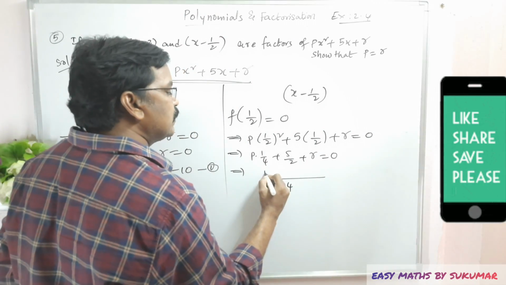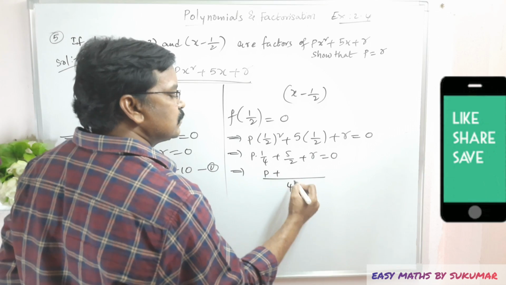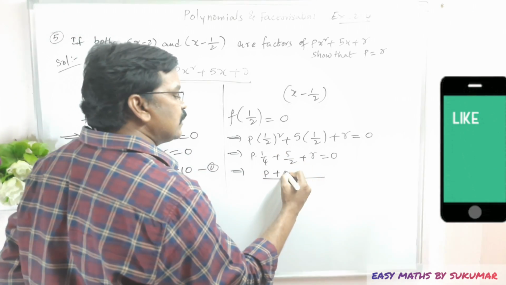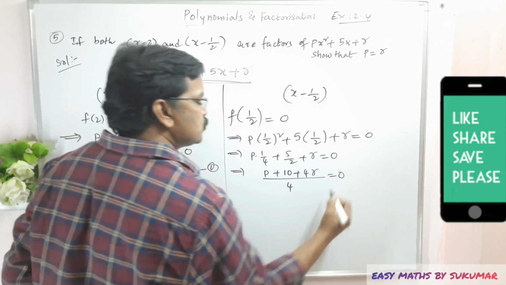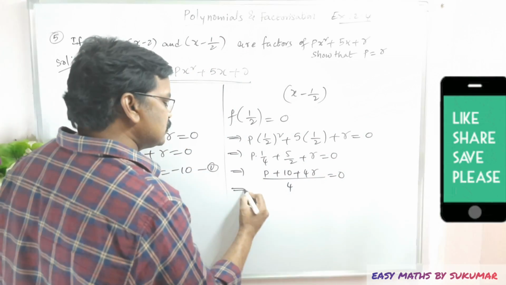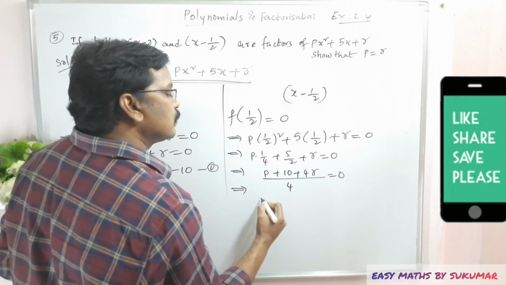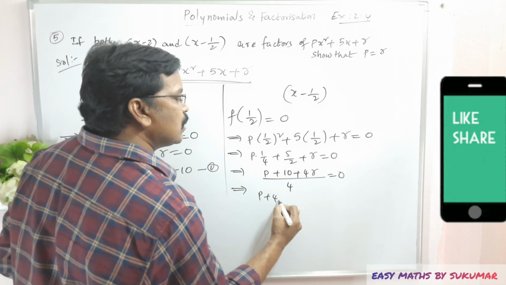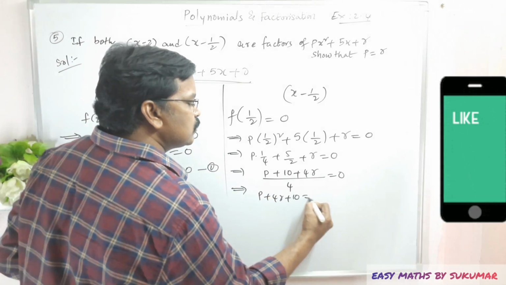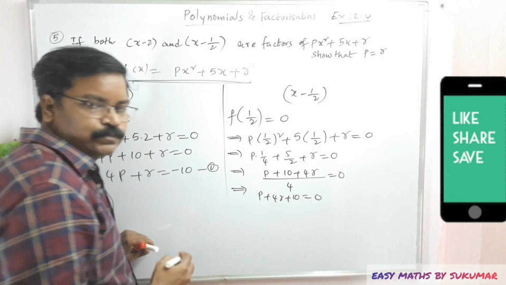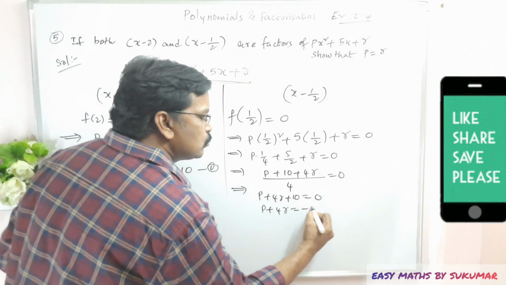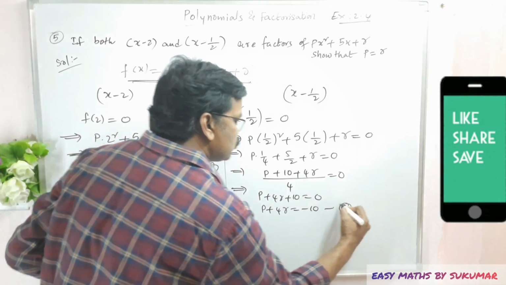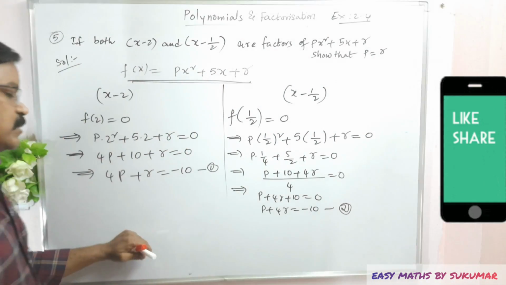That means p plus 4 by 2 is 2, 2 times 5 is 10, plus 4r is equal to 0. So this implies p plus 4r plus 10 is equal to 0, since 4 times 0 is 0. So here p plus 4r is equal to minus 10. This is equation 2. This is f of 1 by 2.